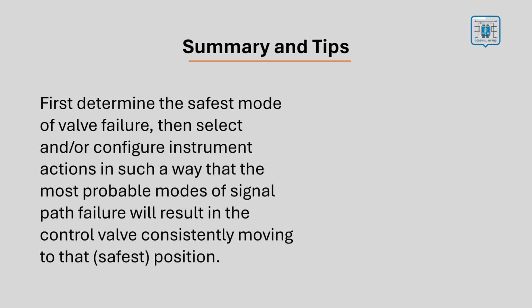Now, when designing or troubleshooting a system, it's vital to consider the safety consequences of each valve's fail position. Never assume how a valve will respond. Always verify and double-check the process and instrumentation diagram, or P&ID.